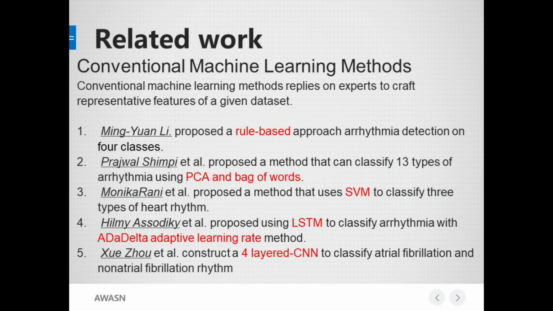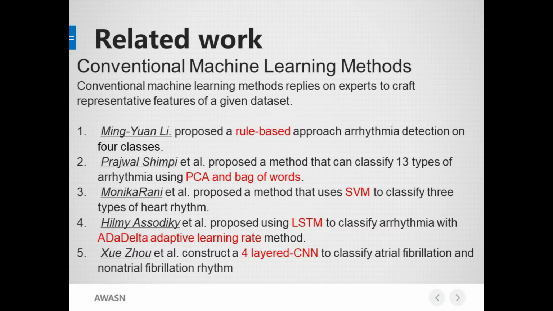In the past few years, many experts proposed similar methods using other mechanisms, such as rule-based detection, PCA, SVM, LSTM with adaptive learning rate, and full-layer CNN. While these conventional machine learning methods produce good results, it requires diligent effort to extract meaningful features capable of differentiating each class.